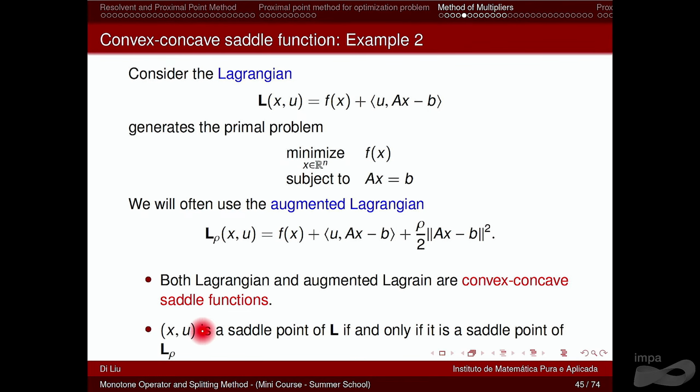If (x,u) is a saddle point of L, then it is, if and only if, a saddle point for the augmented Lagrangian. Because of this, sometimes we can use the augmented Lagrangian to establish the duality, and it can give you better algorithms. We will see this in a later slide.